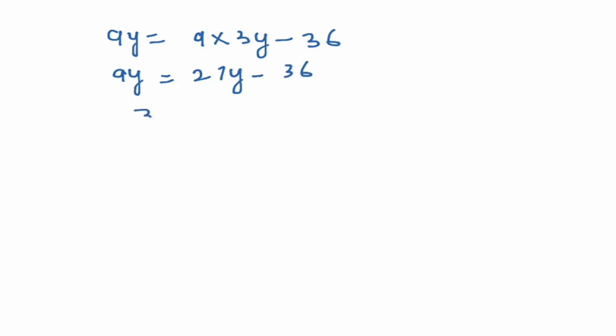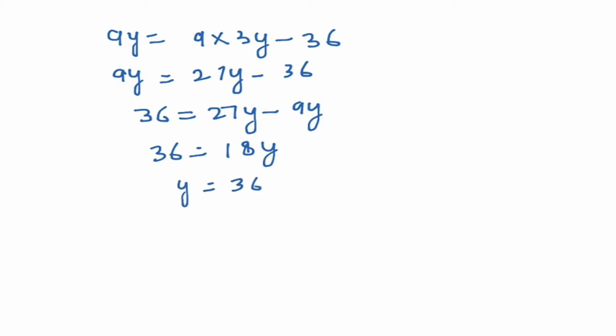Now we'll transpose, so it will come as 36 equals to 27y minus 9y. 27 minus 9 will be 18. 36 is equal to 18y. So y will be 36 divided by 18, that will give us 2. So it means the value of y is 2.